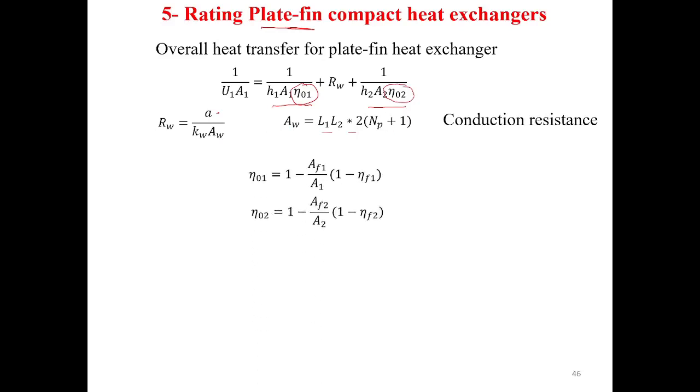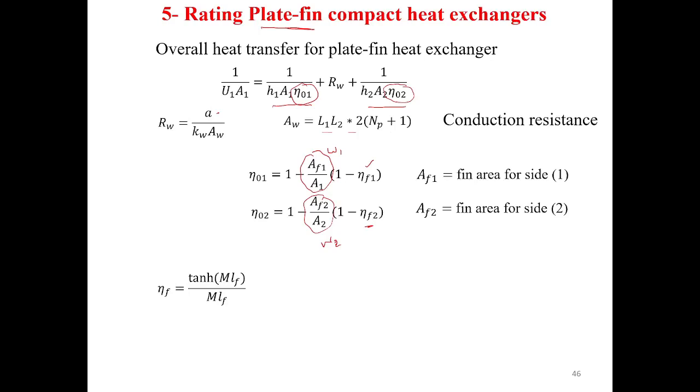Of course, you can find the overall surface efficiency utilizing omega 1 and omega 2, and eta the fin efficiency. Omega 2 is the ratio of the fin area divided by the heat transfer area, and eta F2 is the fin efficiency.